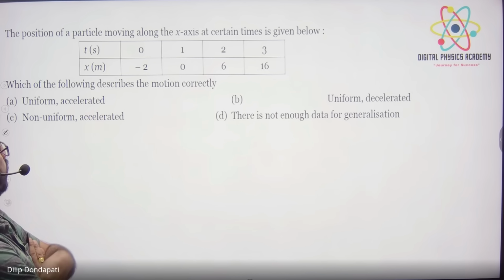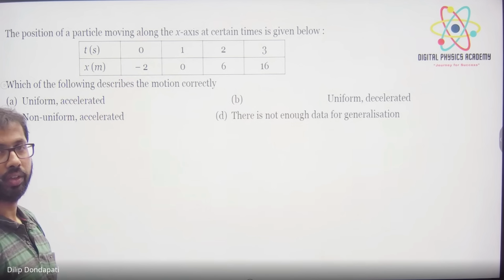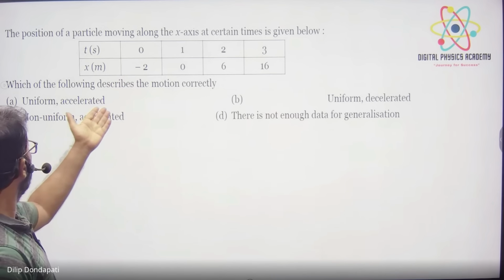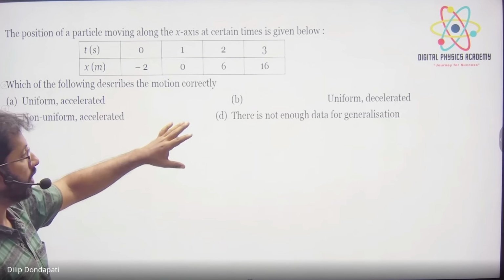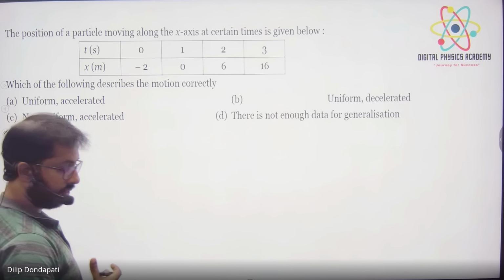We have to find whether it is uniformly accelerated or decelerated, and so on. Try.